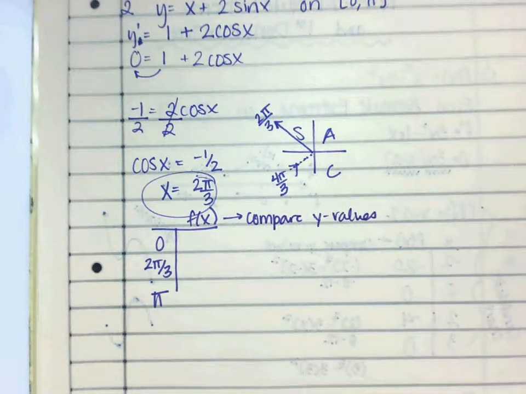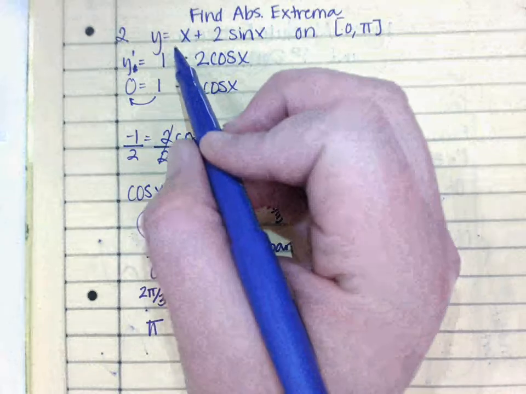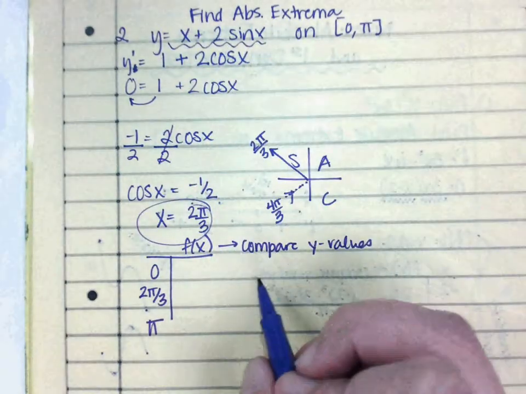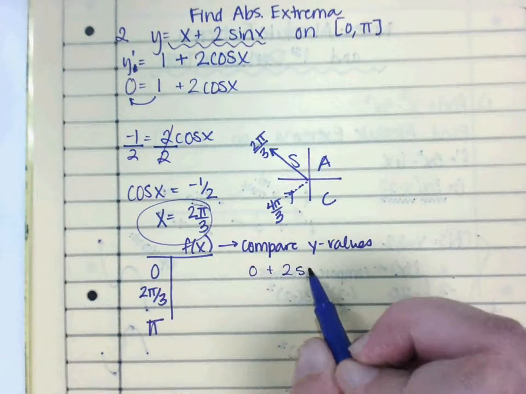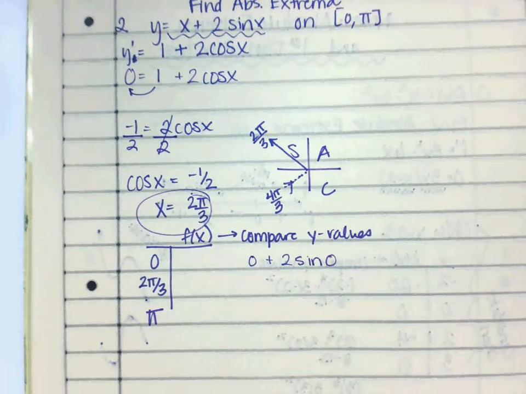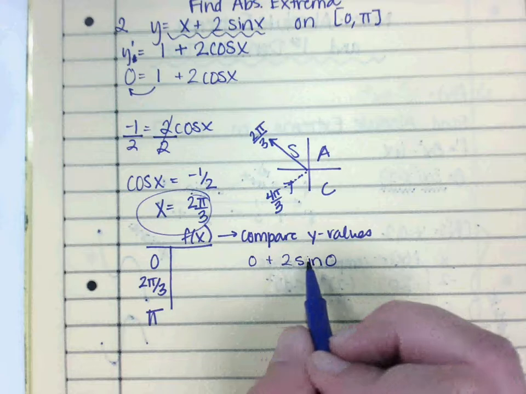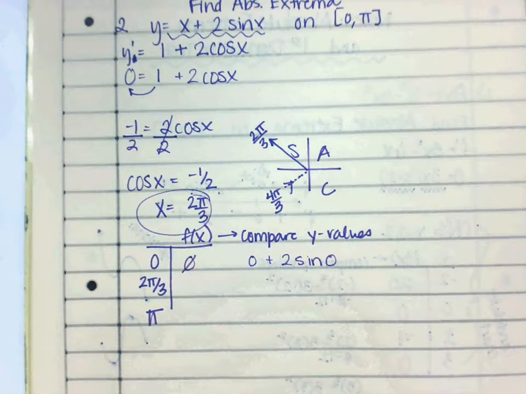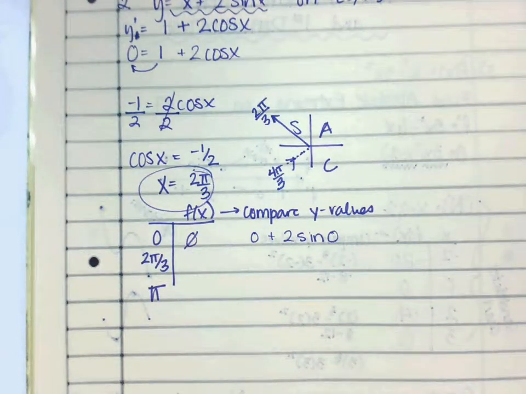Okay, let's do 0 first. So, we're plugging in 0 to this guy right here. So I'm going to have 0 plus 2 sine 0. Okay, well, sine 0 is what? 0. 2 times 0 is 0, plus 0 is easy. Okay, let's do pi next just because it's easier. Okay?